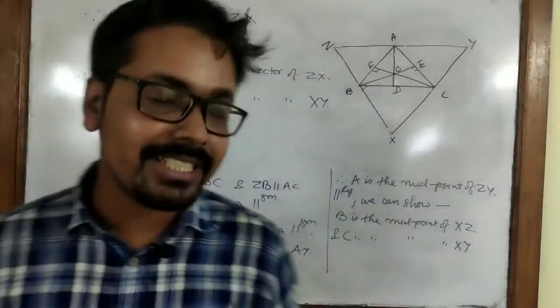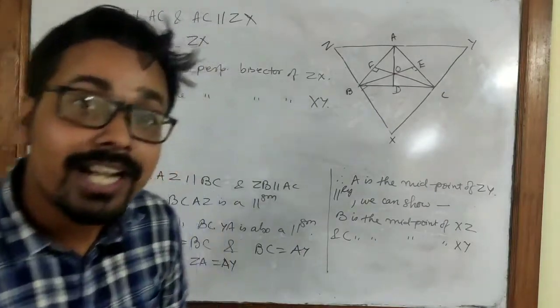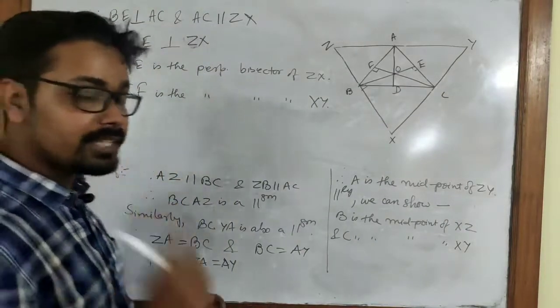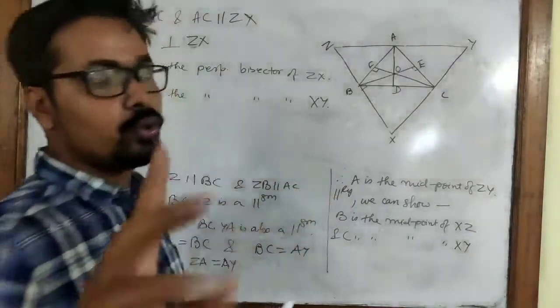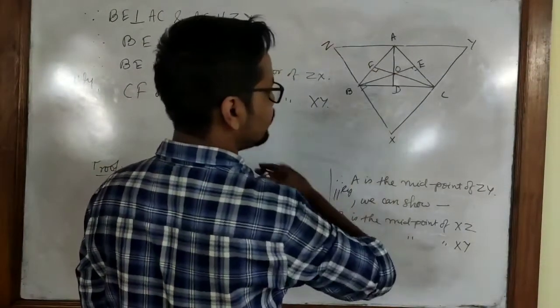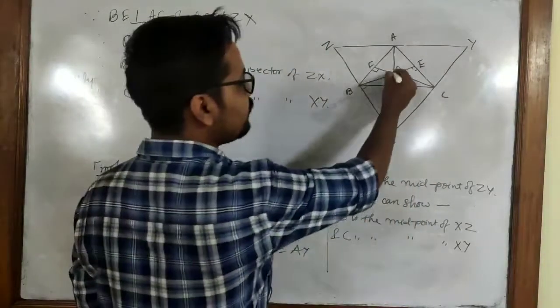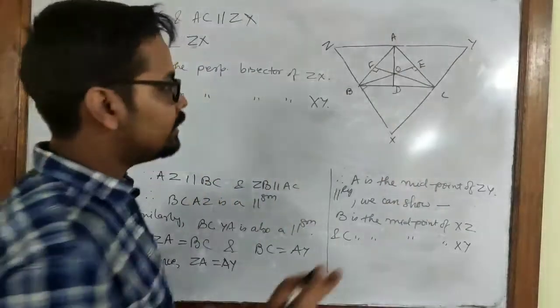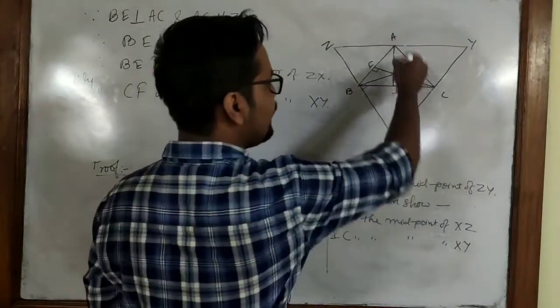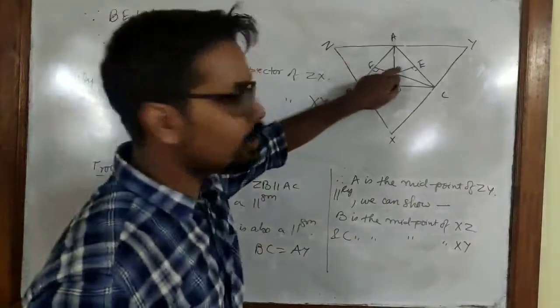In theorem 1 we have seen that the perpendicular bisectors of the triangle are concurrent, they meet at the same point. Now we have shown that BE is the perpendicular bisector of this, CF is the perpendicular bisector of this, and they meet at O, right? Now we have also shown that AD is meeting at O, right?